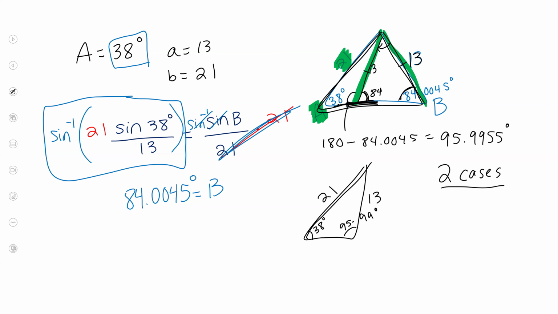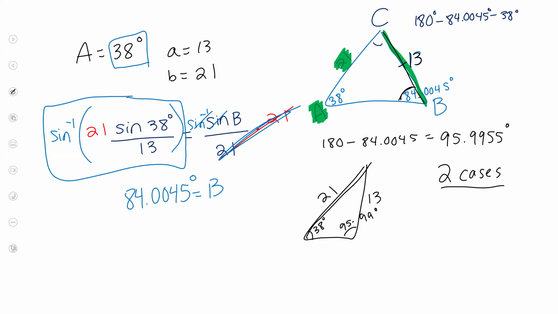Go ahead and find the, let's go back to the original triangle. If I do 180 degrees minus 84.0045 degrees minus 38 degrees, that will give me angle C. And then if you want to find the missing side, just use law of sines.